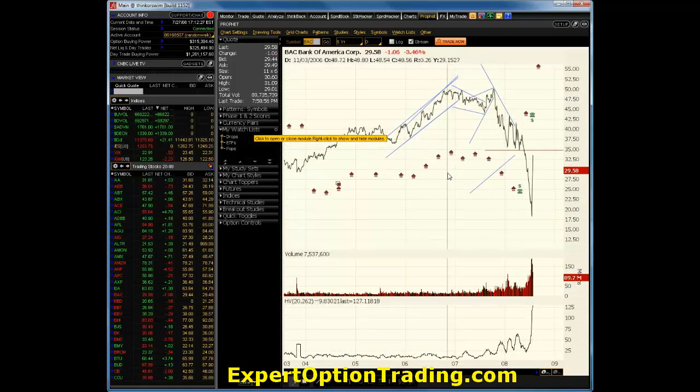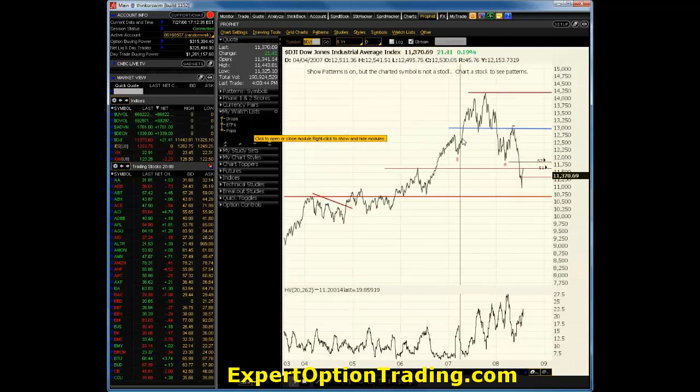The problem with gamma scalping in a bear market like we've had, let's take a look at the Dow Jones Industrial Average. We've been in a bear market, and historical volatilities are pretty high across the board for almost every single issue. In a bull market, it's relatively easy to find issues that have low historical volatility.